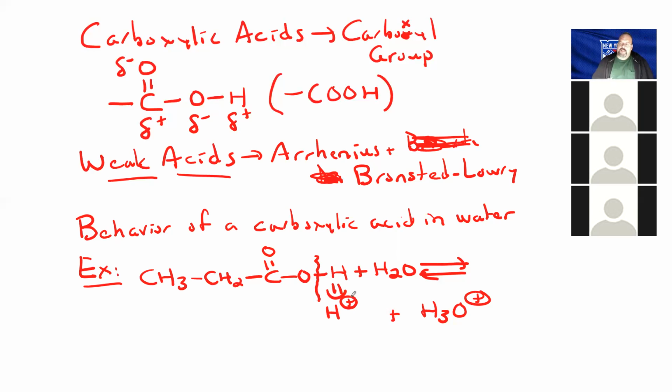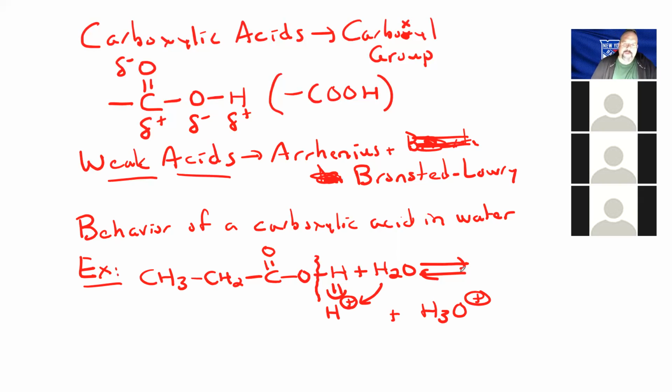So a carboxylic acid will always dissociate between the O and the H of the carboxyl group, and the hydrogen will come off as H+. Now, as you would hopefully expect at this point, that H+ is immediately picked up by water. So the other product of the reaction is going to be H3O+. And notice the double arrow, of course, indicating that this substance is a weak acid.